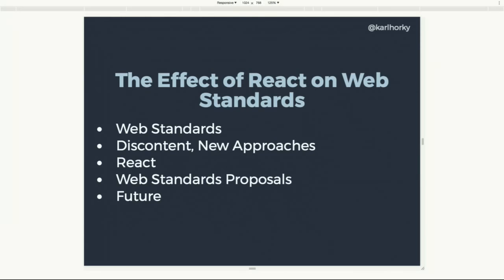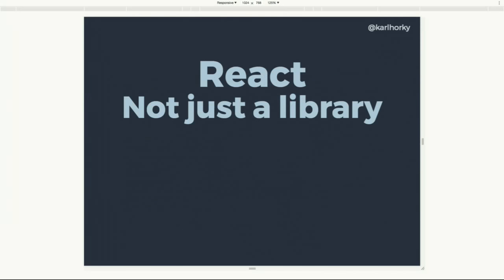We'll be talking about that, who's involved, and other influences. And we're talking about the proposals. For instance, TC39 is one group that we're going to be talking about today that has different proposals for what becomes new in JavaScript. And we're also going to be talking about what the future could look like. I'm not a prophesizer. I can't tell you what the future is going to look like, but we can see some general trends.